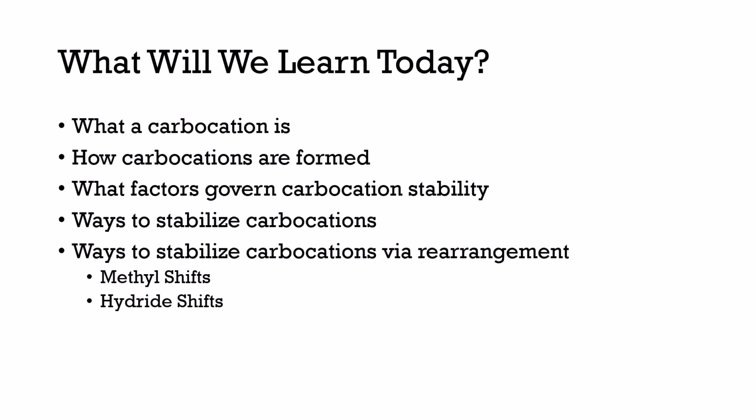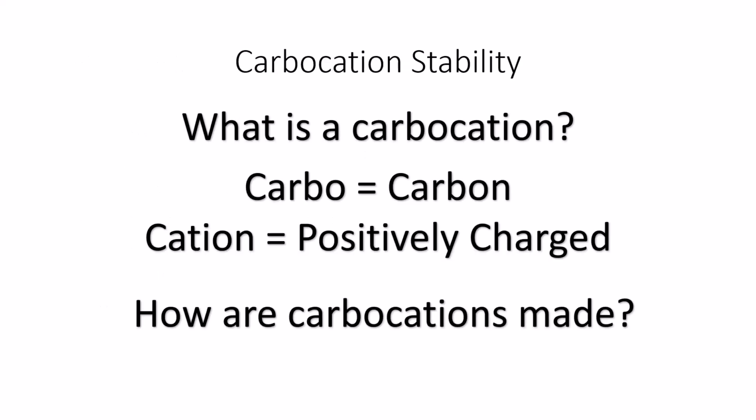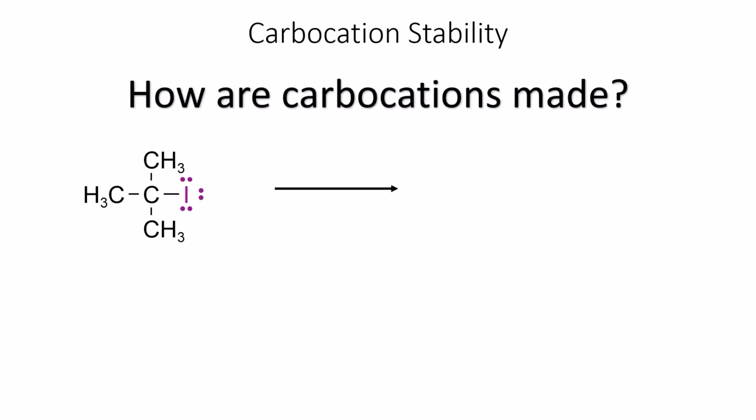All right, so let's jump in and talk about what a carbocation is. It's a compound word, carbo for carbon, cation meaning that it is positively charged, right? And the way carbocations are made is by taking electrons away from carbon. Both electrons.